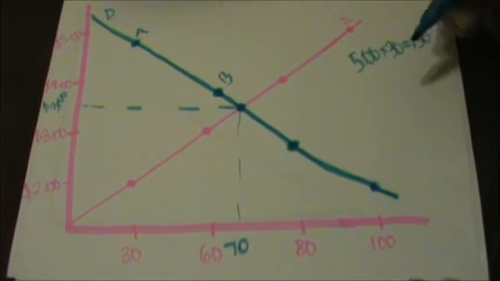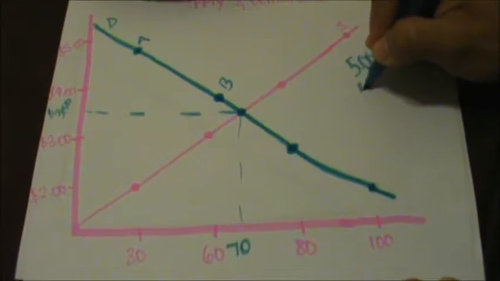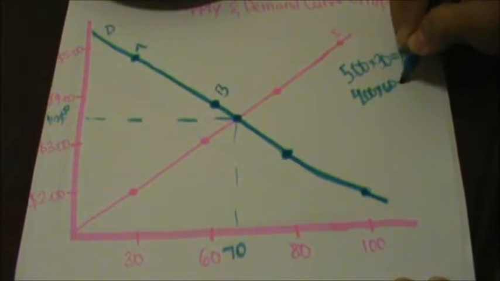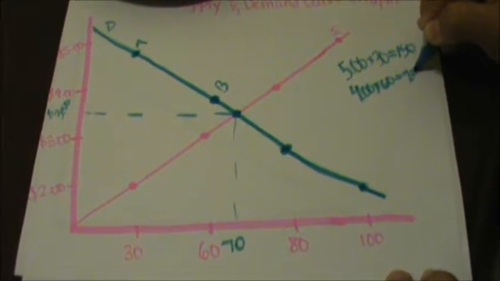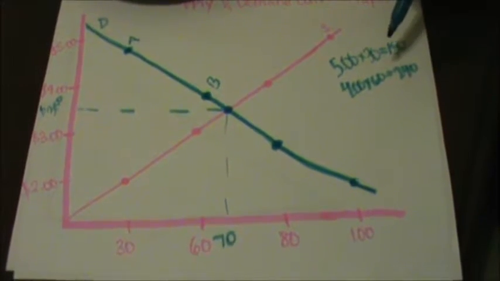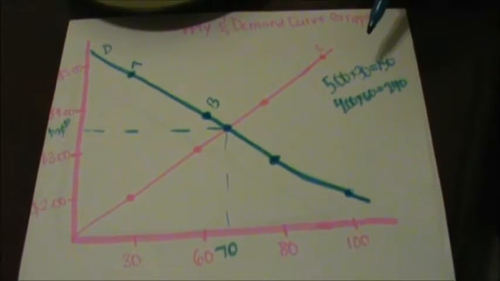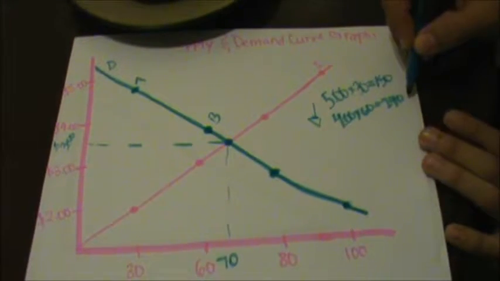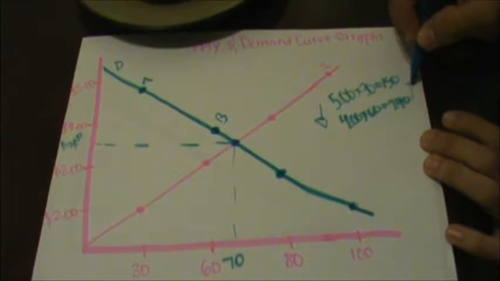And for point B, we have $4 times 60, which equals 240. As we can see, our product is elastic because the price goes down and the expenditure goes up.